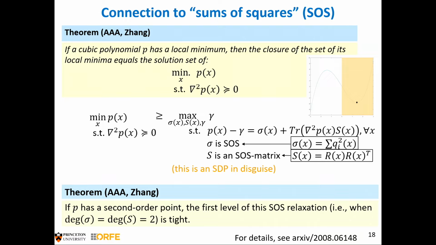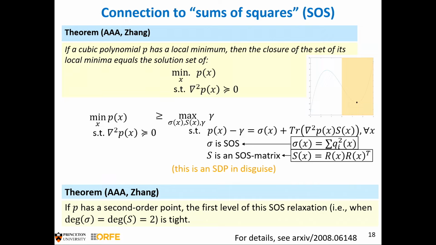I'm also looking for a matrix S whose entries are polynomials, and S is an SOS matrix. That means S can be factored as a matrix R times its transpose, where the entries of R are polynomials of x. The only thing you need to observe is that if a polynomial is a sum of squares, then it's non-negative for every x, and if S is an SOS matrix, then it's positive semidefinite for every x.